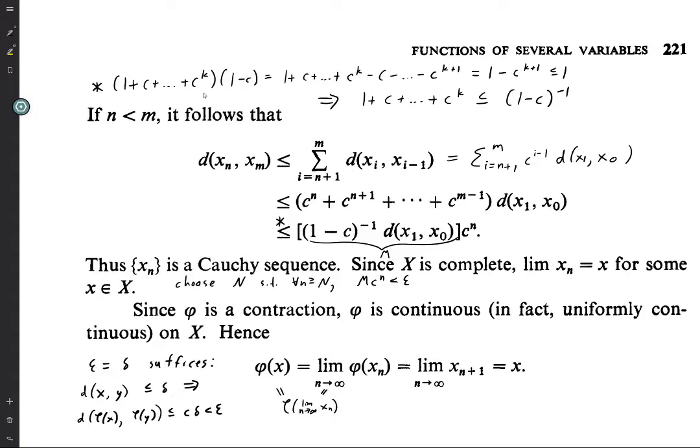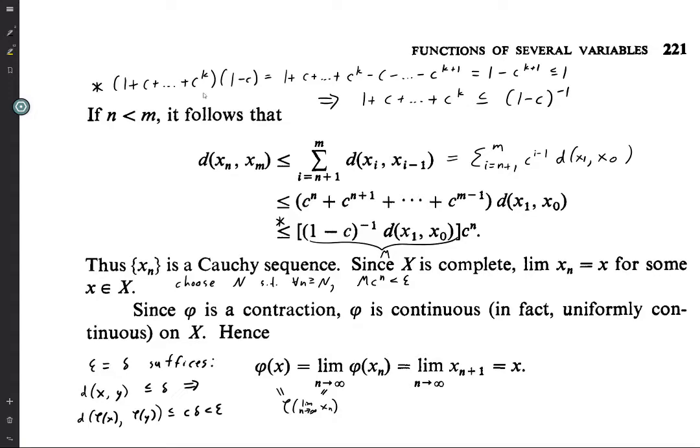But all we really need here is continuity, because phi of x is equal to phi of the limit as n goes to infinity of xn. And we need to take this limit outside, and continuity allows us to do that. So by continuity, phi of the limit as n goes to infinity of xn is equal to the limit as n goes to infinity of phi of xn.